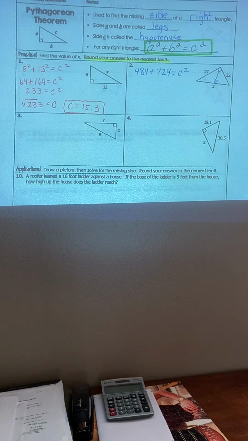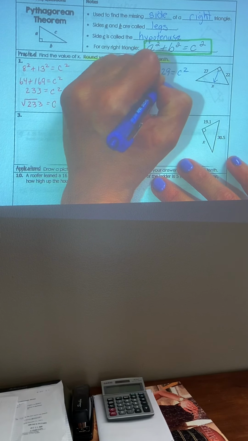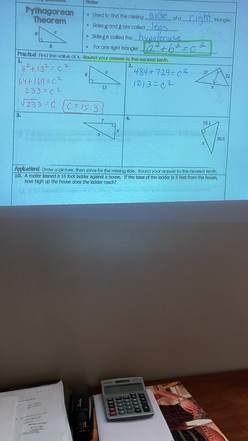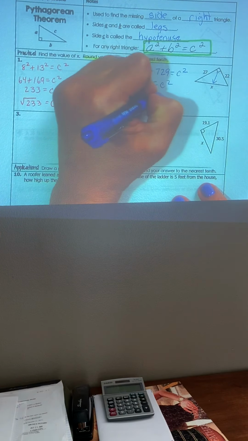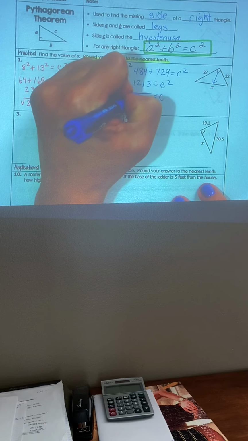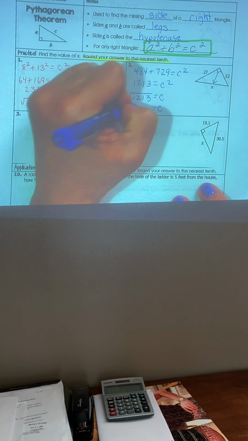We add them together, 484 and 729, we get 1213. Okay, that's not my answer. I need to take the square root, right? The square root of 1213, you do that on the calculator, you get 34.8.